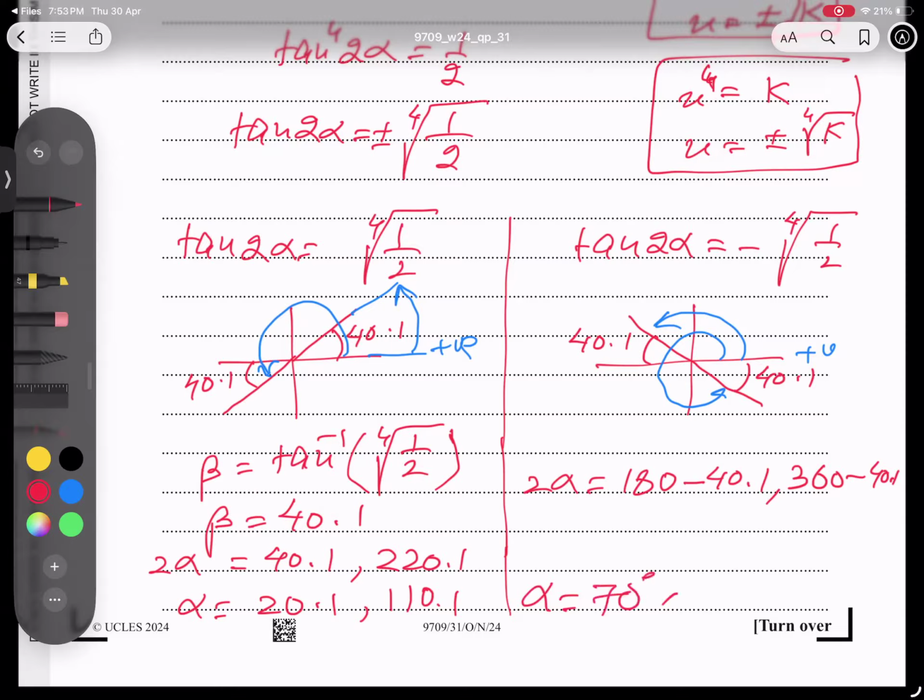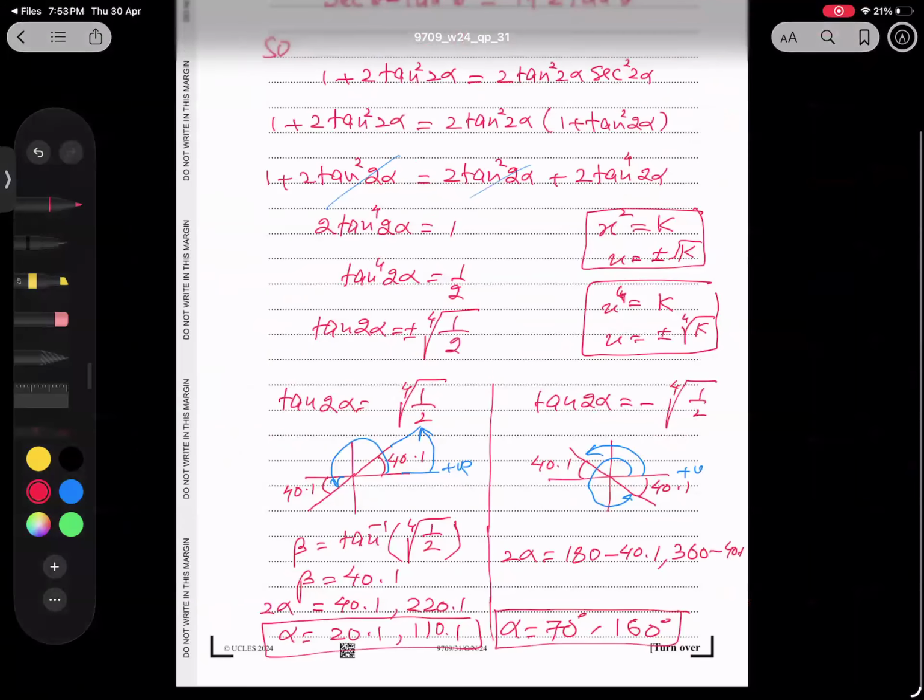And last, students, just wait, let me finish it. 40.1, and we subtract and divide by 2, I'm getting 159.160. So I got 4 answers, students. I hope the concept of the question is very, very clear, and we have done the question.